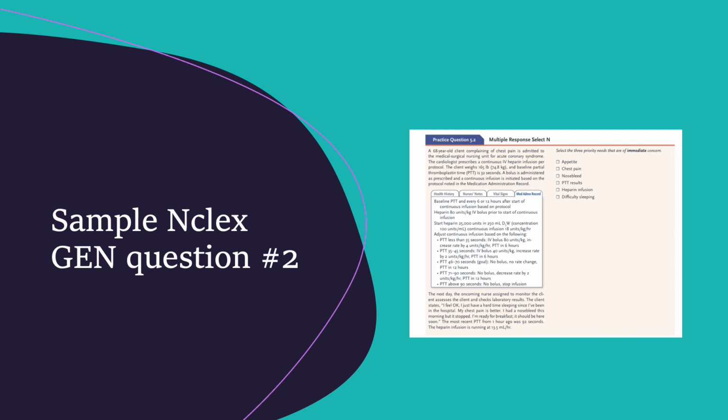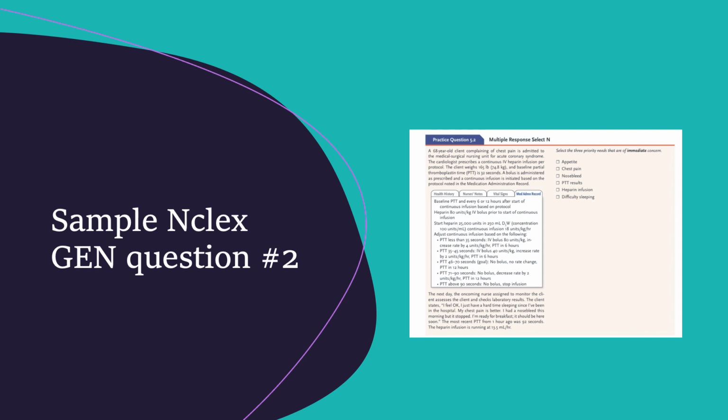All right, let's talk about why the other ones are wrong. Appetite. The lady said that her appetite is better. She actually said she's ready for breakfast. With her chest pain, she said that her chest pain was better. Having a difficult time sleeping in the hospital? I'm sorry, that is not priority.